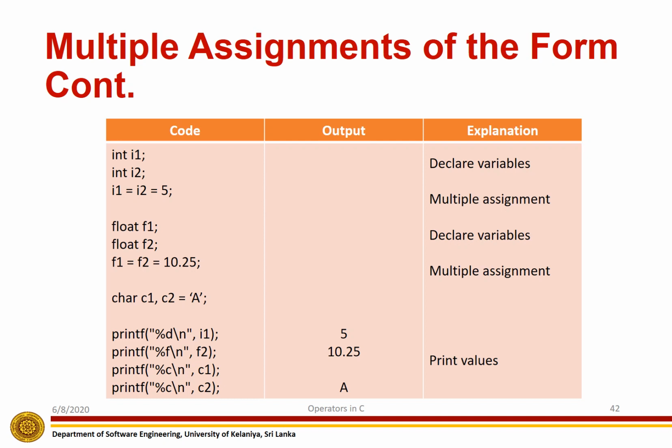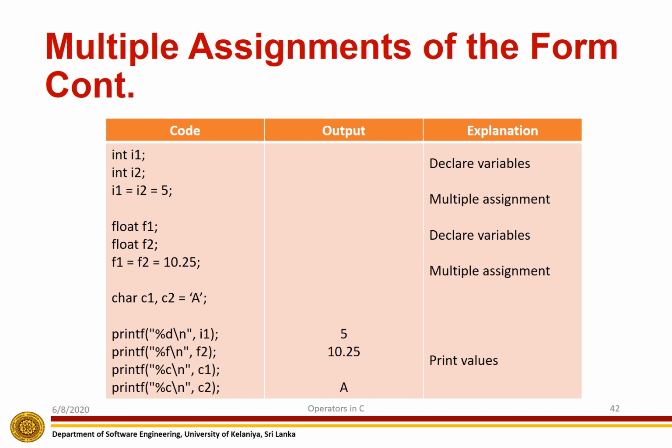You can see an example for multiple assignments here. First, I have declared two variables, int i1 and int i2. Then I have assigned values to those: i1 = i2 = 5. Then 5 will be assigned to i1 and i2. Then float f1, float f2, two float variables I have declared. Then I have assigned the value 10.25 to f2 and f1: f1 = f2 = 10.25.